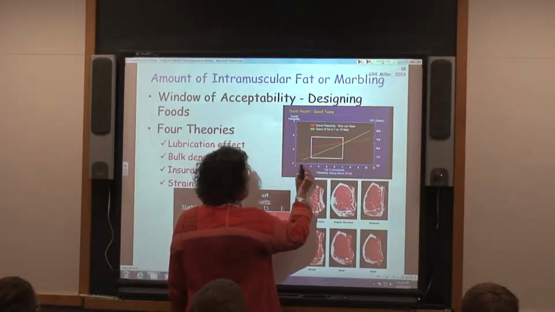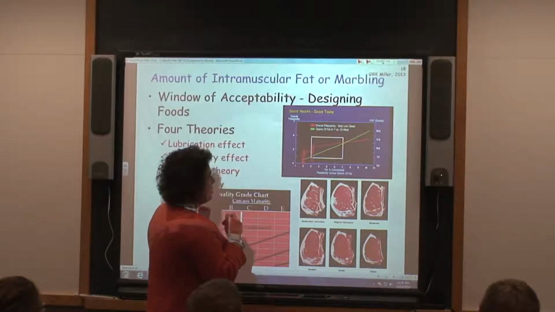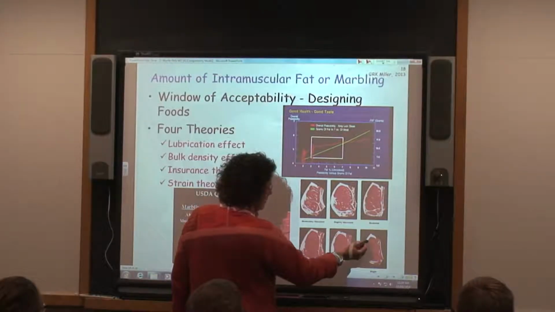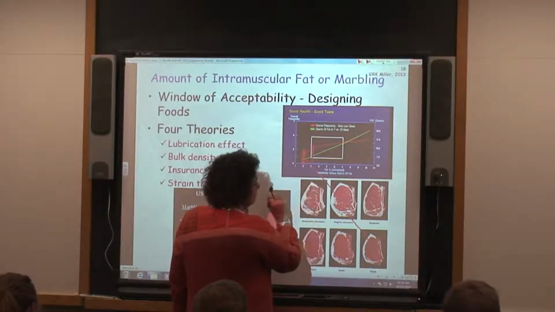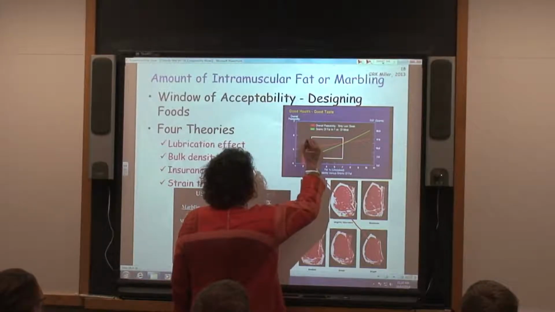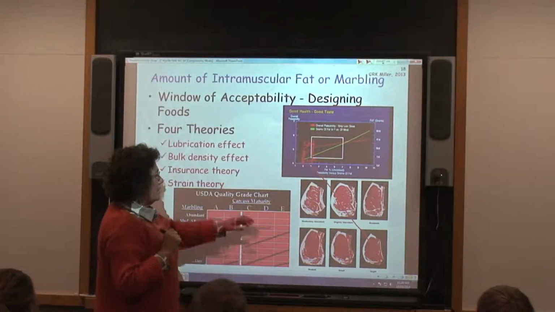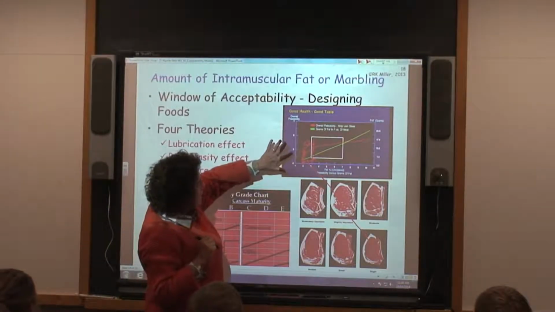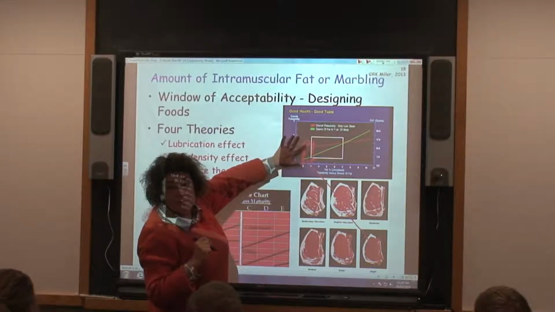Okay, so when we go from 2 to 3, there it is, and I even oriented it. 2 to 3%, which is, well, slight is 3%, sorry. So this is standard. This would be traces, 1 to 2% chemical lipid. Notice that this palatability line is pretty steep.